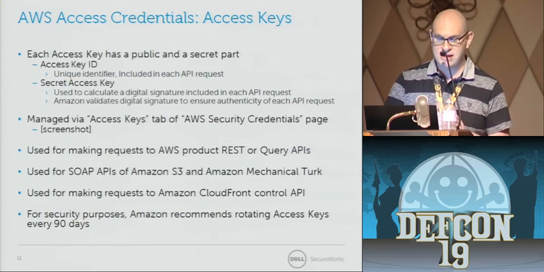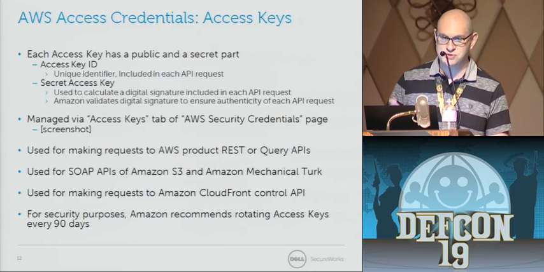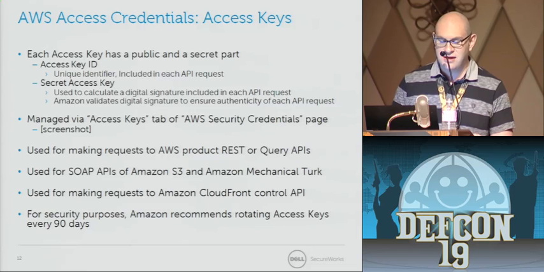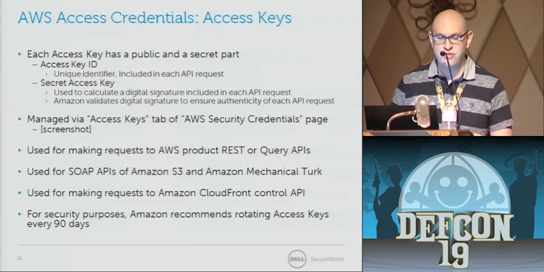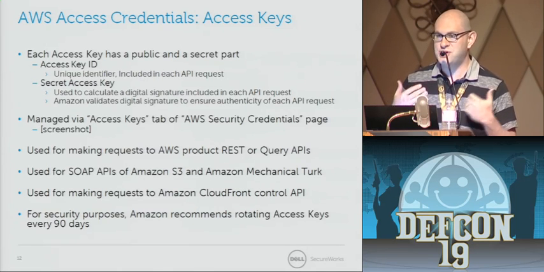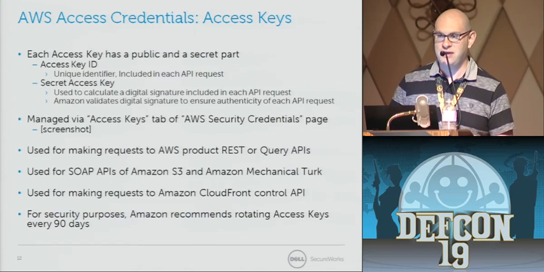There's a public and a secret part of that. It's a little bit analogous to certificates, but there are certificates in play as well. We'll talk about those. But your access key ID also has a secret access key. And what you use that for are authenticated web services APIs, like SOAP APIs to use Simple Storage Service, or Amazon's Mechanical Turk, which is essentially a service where you can get real human beings to do your bidding for pennies per request.